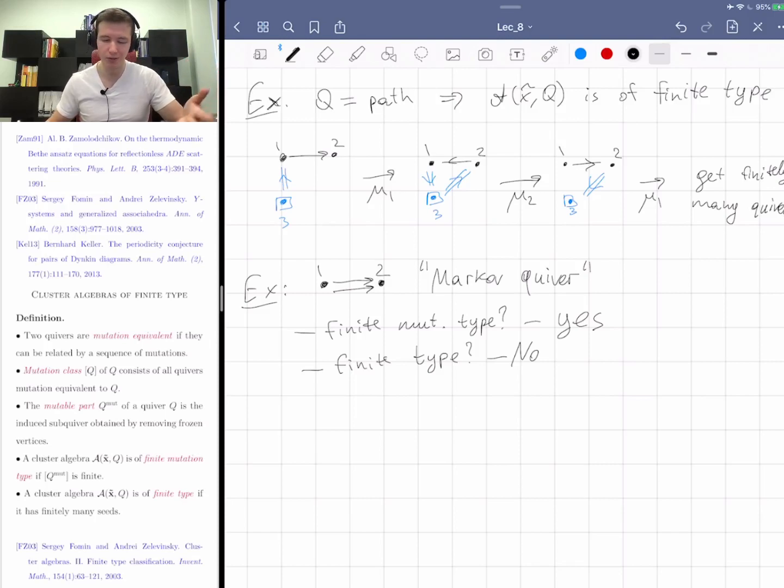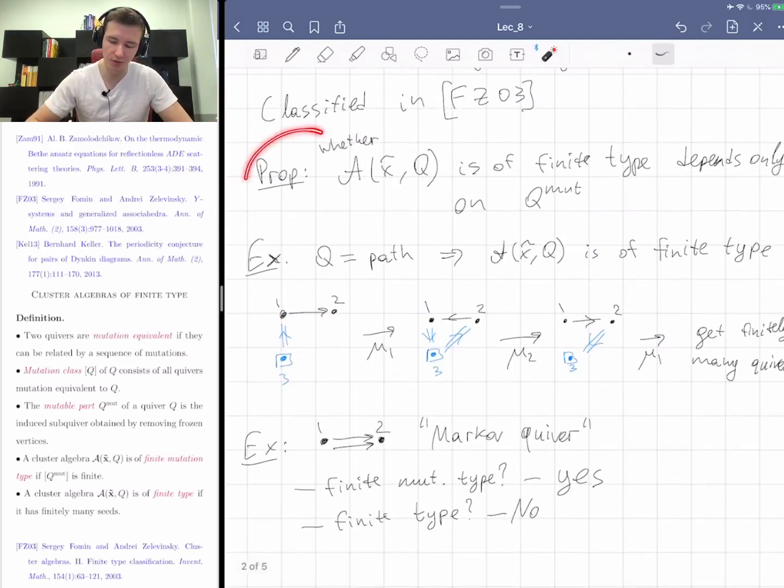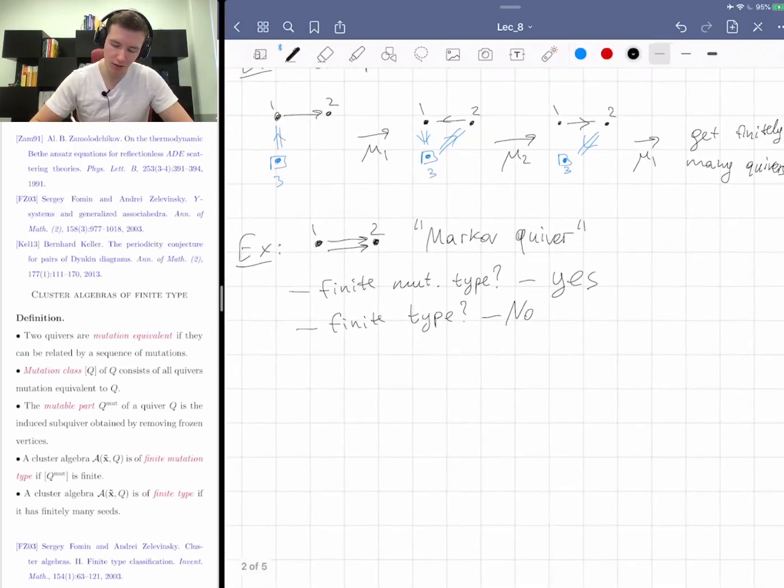First of all, an easy way to check it is to use this proposition, because let's say you have 1 and 2, and then you add a double arrow, and then you add a frozen vertex, 3. Even if you start with 1 arrow, if you mutate here, you're going to get 2 arrows from 3 to 2.